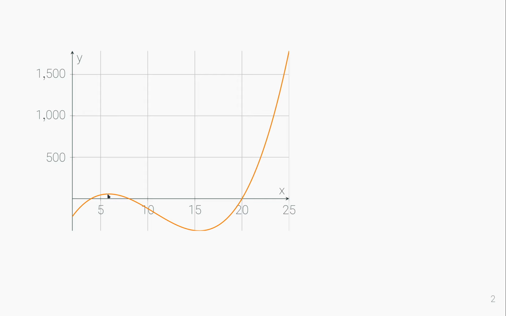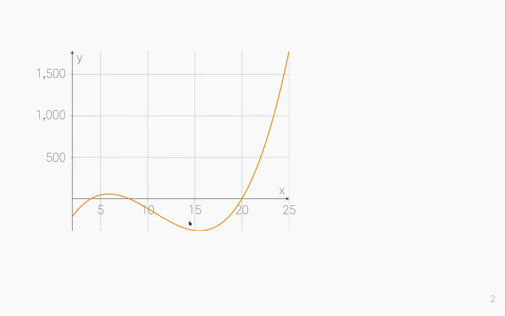So before this point, somewhere around 6, because if you draw a tangent at 6, it would be parallel to x-axis. So before that, it is increasing in nature. Okay. Between x is equal to 6 to somewhere around 15.5 or 16, it is decreasing in nature. And then after that, it increases all the way.